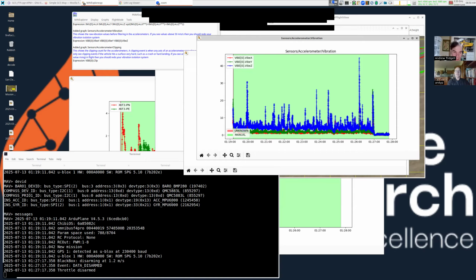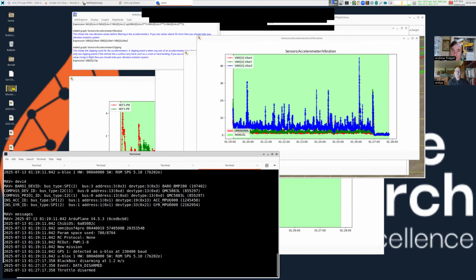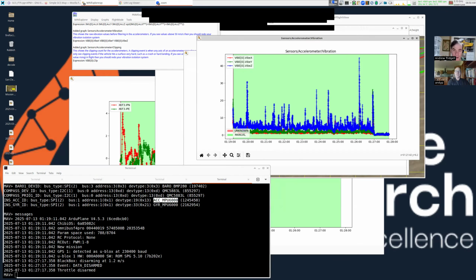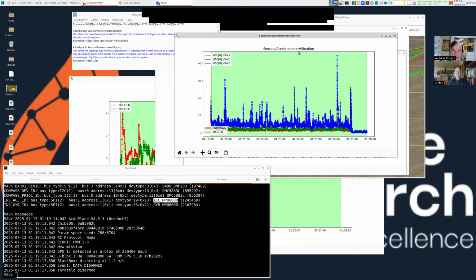The MPU 6000 is only sampling at 1 kilohertz. More modern IMUs sample at several kilohertz, and the faster it can sample, the fewer issues you get with aliasing effects and other things. So let's move the IMUs off, and say that in my brief look at this log, I don't think the IMU is his issue.